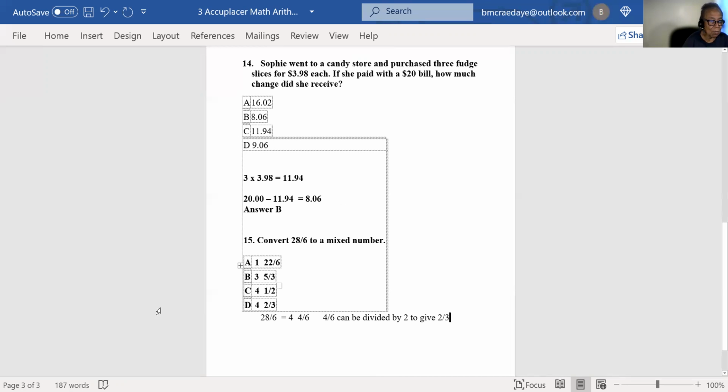So your answer would be 4 and 2/3. So this will be your answer. So answer is D, which is 4 and 2/3. For 4 over 6, divide 4 by 2, you get 2. Divide 6 by 2, you get 3. So that's how you get 4 and 2/3.